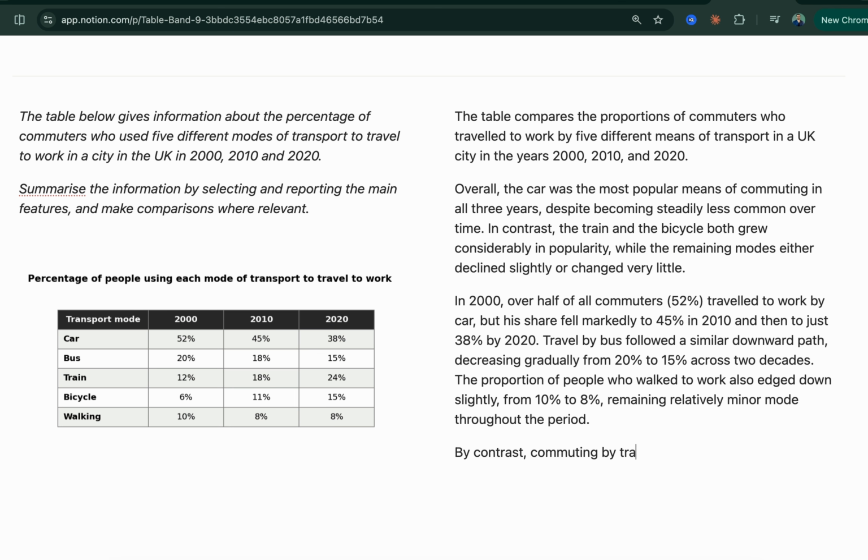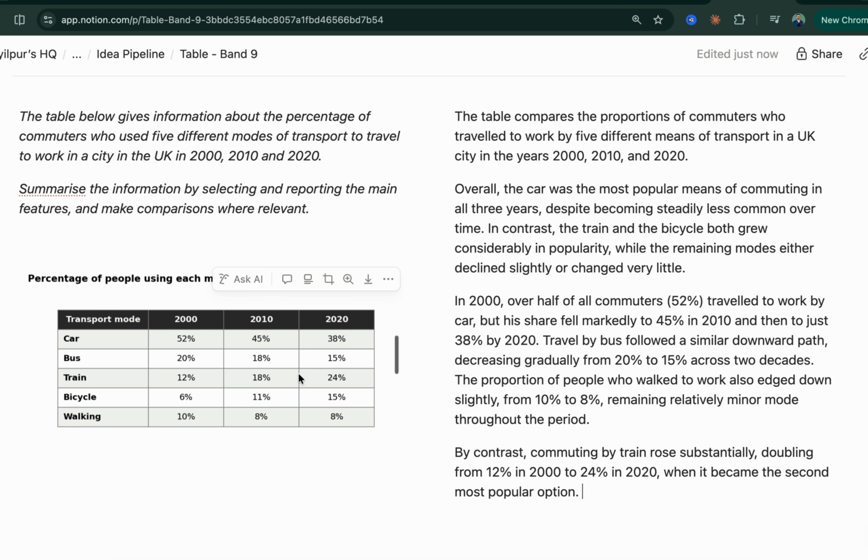Commuting by train rose substantially, doubling from 12% in 2000 to 24% in 2020, when it became the second most popular option. Is that true?